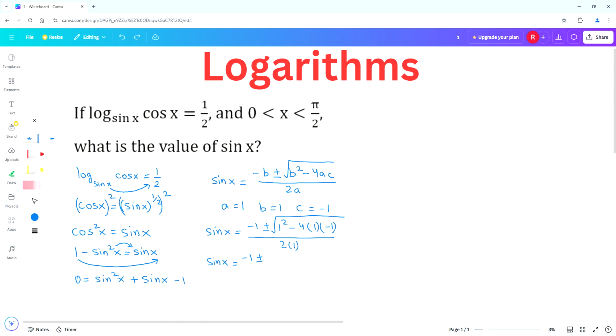1 square is equal to 1. Negative 4 times 1 times negative 1 is equal to positive 4. We get two cases, positive and negative.